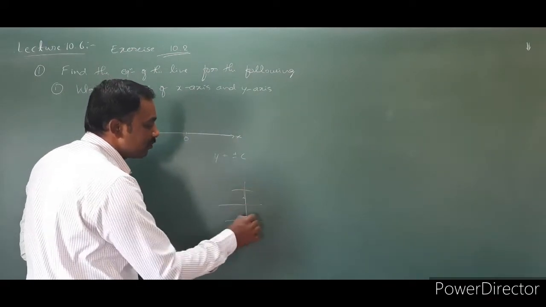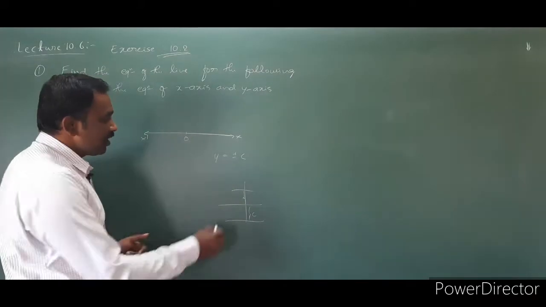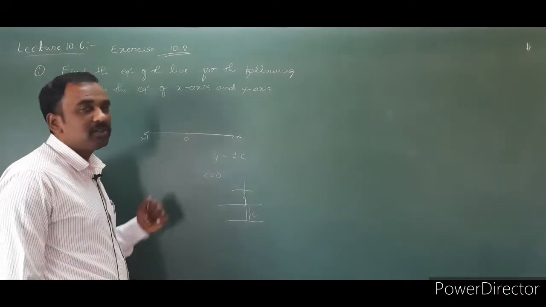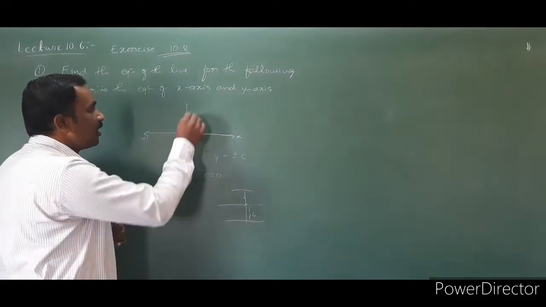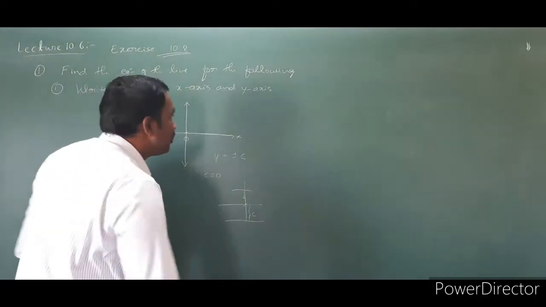c is the unit distance above the origin or below the origin. So here, can I take c as 0? At exactly 0 it intersects the y-axis. c is equal to 0.